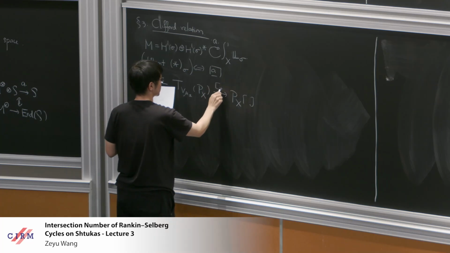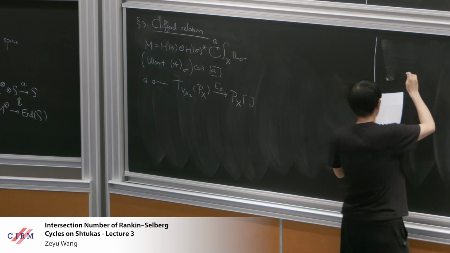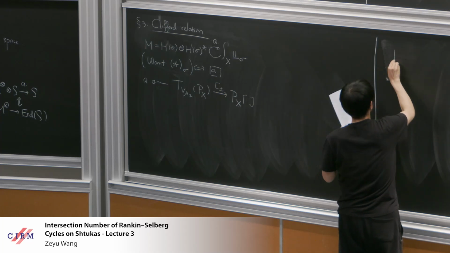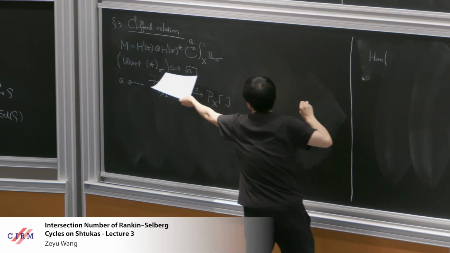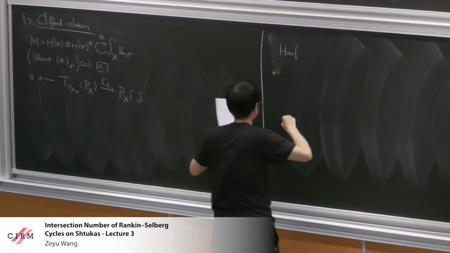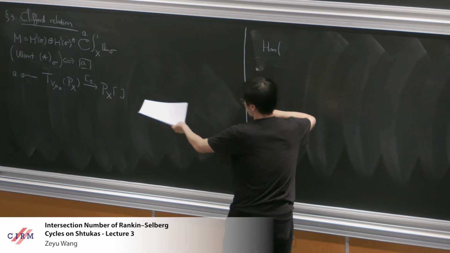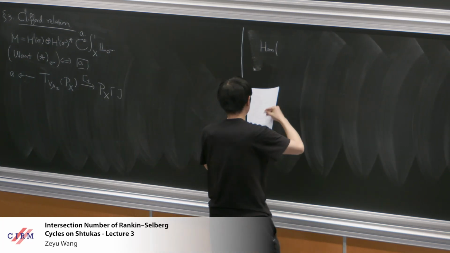You have two such cohomological correspondences, C plus and C minus. You see that A is really about the composition of two such cohomological correspondences.